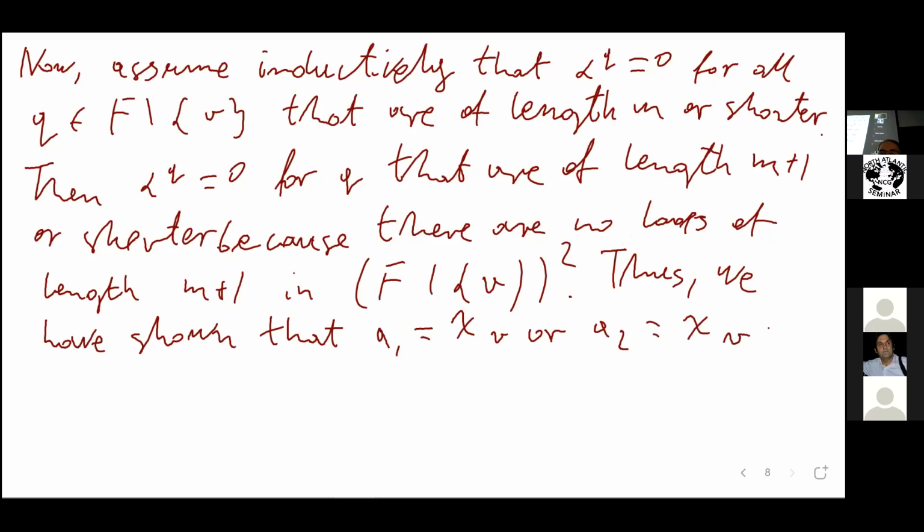So I already proved that my sets Pi are non-empty. Whenever I have any vertex V, this vertex V is either in P1 or in P2, that's it. Because chi v is either in the subalgebra A1 or in subalgebra A2. It's not a linear combination of elements. Chi v belongs either to one subalgebra or the other. So that's the magic of path algebras. In general, you wouldn't have it.